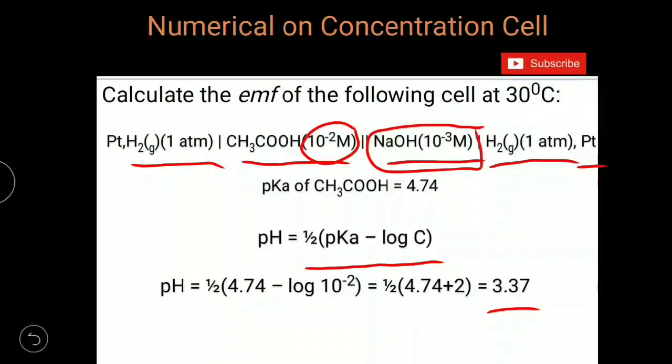minus 11. Even though this hydrogen gas is placed in sodium hydroxide, which is a solution of hydroxyl ions, in any solution both OH minus and H plus ions will be there. Even in basic solution H plus ions will be there. OH minus concentration is 10 power minus 3, then H plus concentration should be 10 power minus 11, because the product of H plus concentration and OH minus concentration in an aqueous solution should be equal to 10 power minus 14.